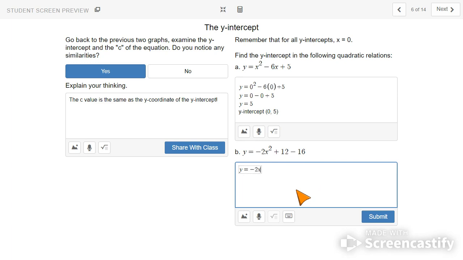So let me simplify the equation before I substitute it in. We have negative 2x squared minus 4. This is now the c term, and we know that this term will become 0 once I substitute x is equal to 0. So our y-intercept, 0, negative 4.